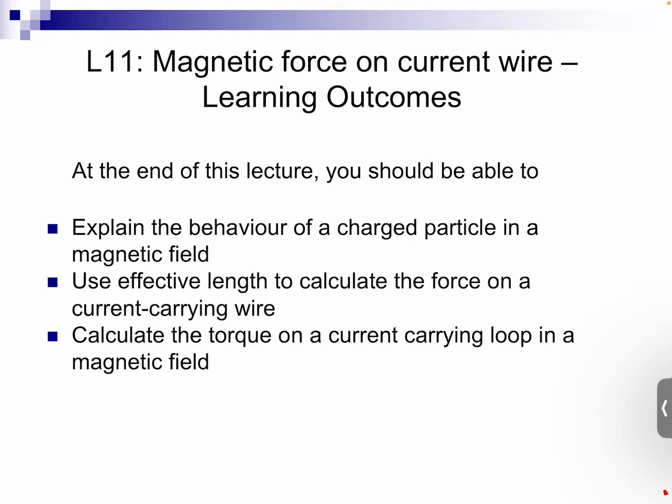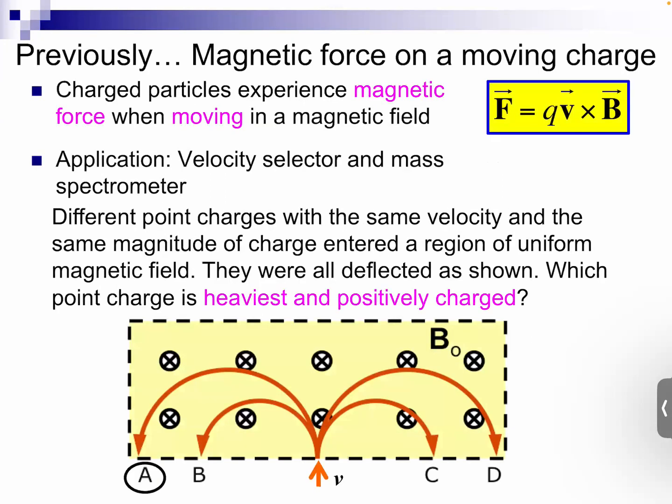Yesterday we started the topic on magnetic field. We learned that if you have a magnet, the magnet will set up a magnetic field around itself, much like a charge setting up an electric field around itself. And we learned that if you have a magnetic field and a charge Q moving in that magnetic field region, then that moving charge with velocity V will experience a magnetic force, right?